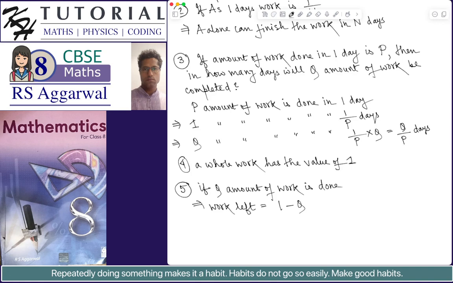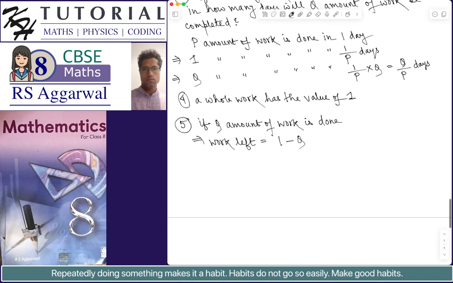To find the remaining work, if you know the amount of work already done, that is Q, then the work left is 1 minus Q, because the whole work is considered to have the value 1.